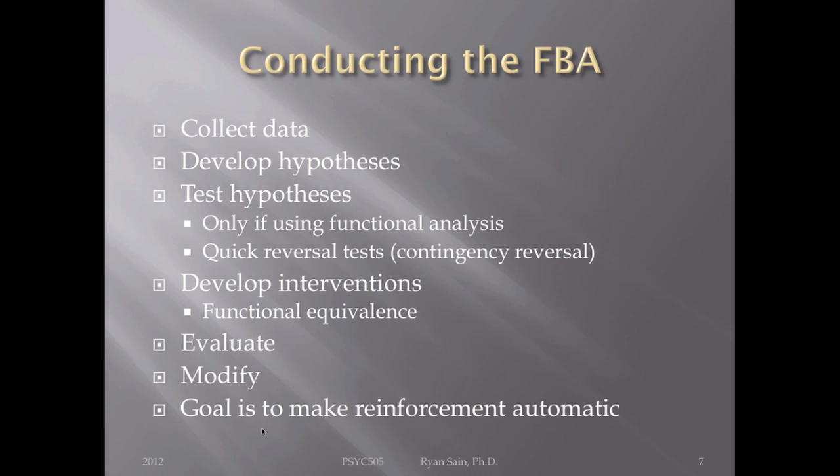Well, a couple of weeks, you get the behavior under control, now you start fading and transferring the effectiveness of one reinforcer to another. We fade out the old reinforcer, fade in a new one, maybe thin it out so much that there's no contrived reinforcement at all, and that may take a month or so.